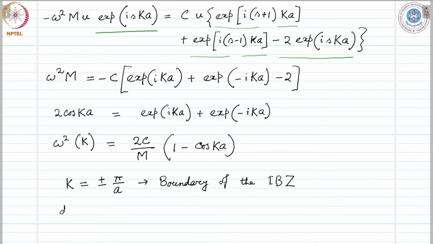Now d omega squared dk, this quantity if we want to calculate, that is twice Ca over m sine Ka. Now if we look at the zone boundaries, this quantity is 0.